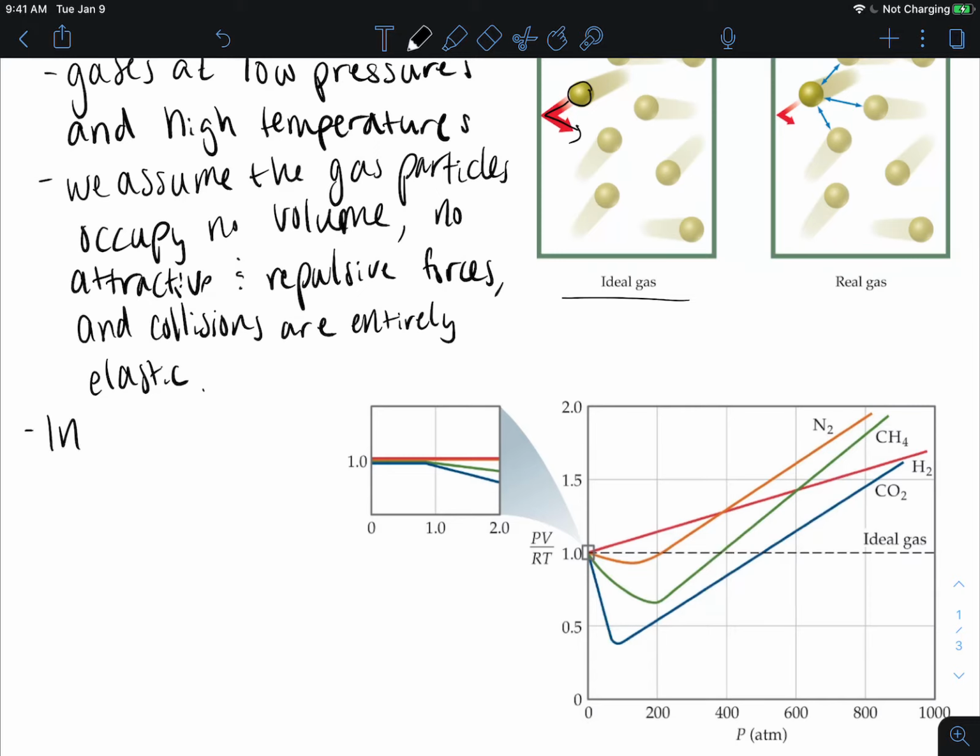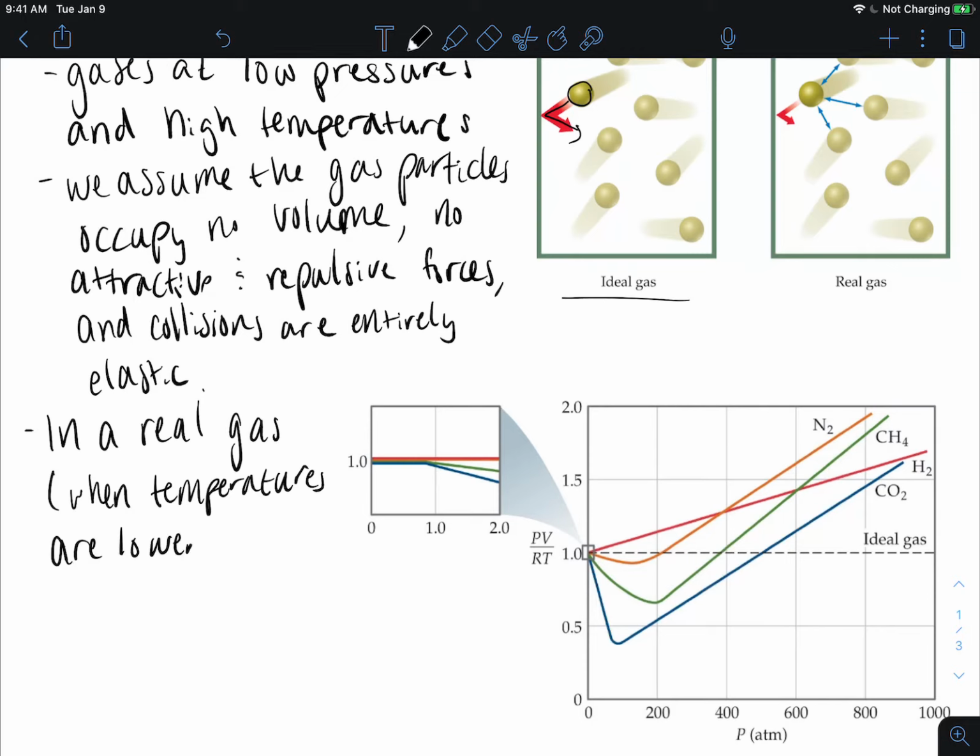So in a real gas, when temperatures are lower and pressures are higher, the particles interact more.